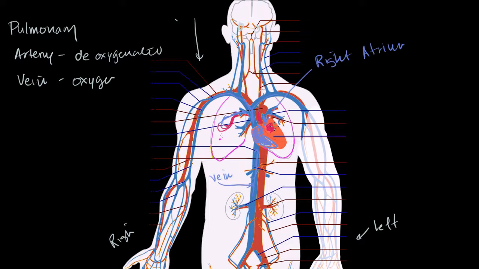And in both of these cases, things are entering from above. Not sunlight, but blood is entering from above. And on the right atrium, the blood is entering from above. And in the left atrium, the blood is entering, and remember, the left atrium is on the right-hand side from our point of view. On the left atrium, the blood is entering from above, from the lungs, from the pulmonary veins. Veins go to the heart.